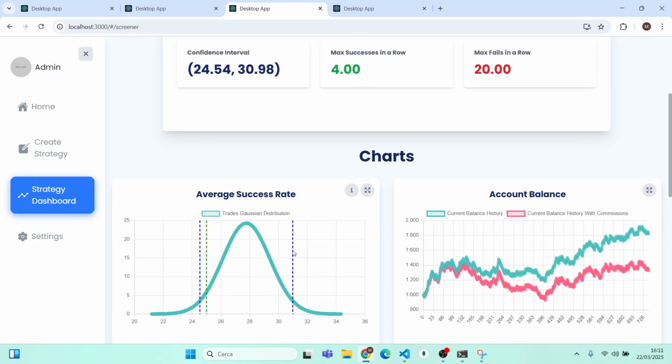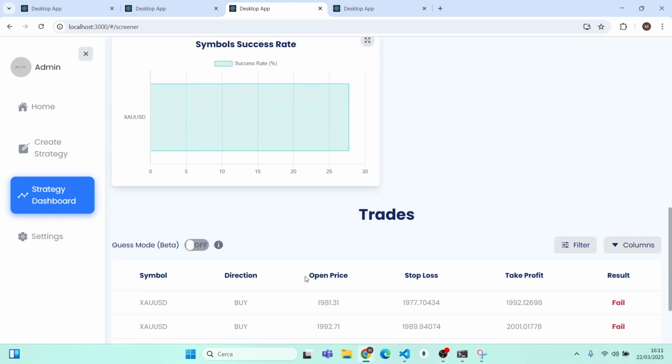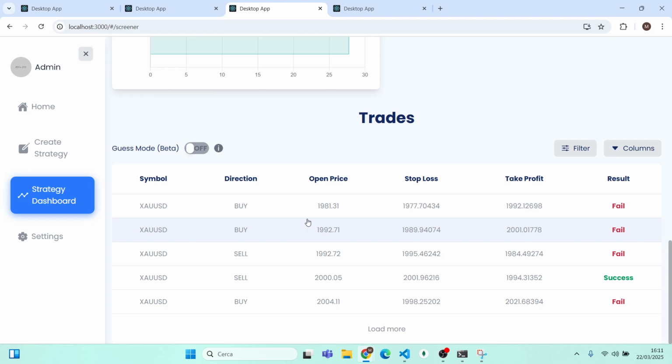In conclusion, I would say that this strategy with these settings probably is not one of the best. It was not statistically profitable, so not good results. Maybe on the 5 minute chart, maybe on the 1 minute it would have performed better.